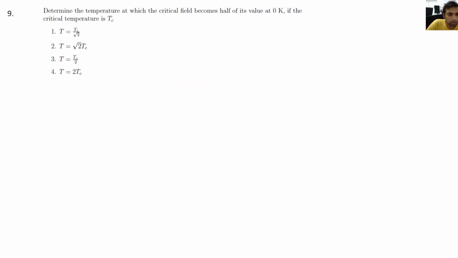Determine the temperature at which the critical field becomes half of the value at 0 K. So we have the relation: the critical field at temperature T is the critical field at temperature 0 times 1 minus T square over Tc square. We want to find the temperature at which this is exactly half the value at 0.